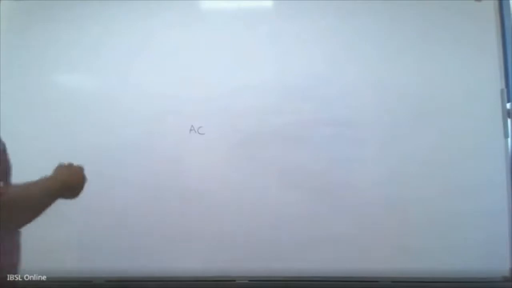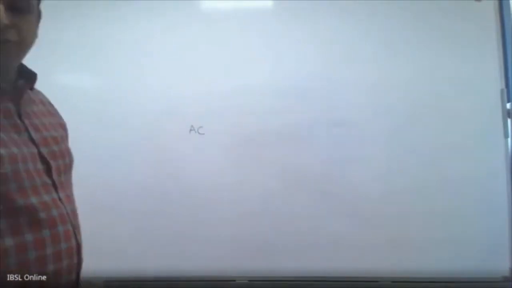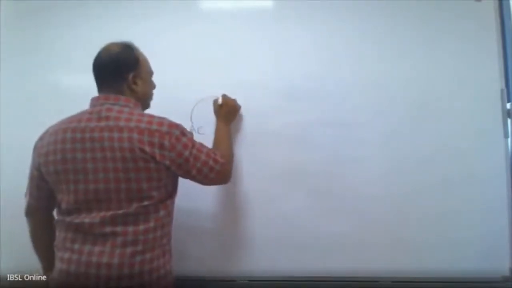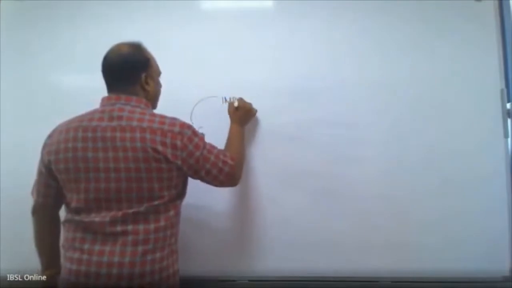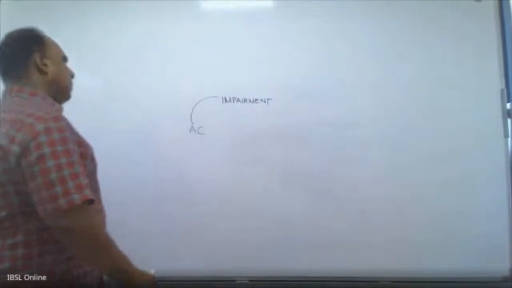For the assets under amortized cost, there is no way of doing a fair valuation. It will be subject to impairment. So impairment is a different process altogether for assets which are classified as amortized cost.